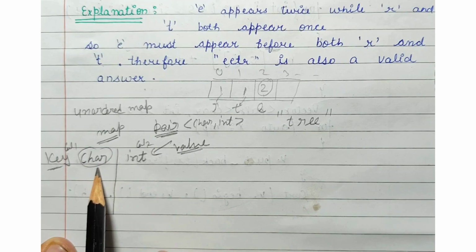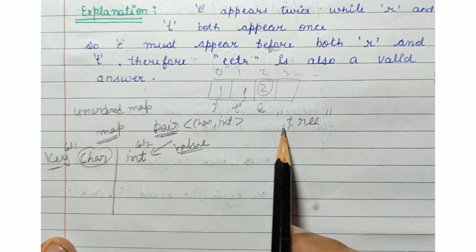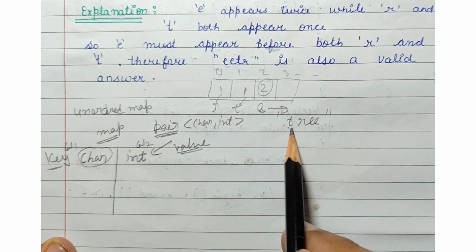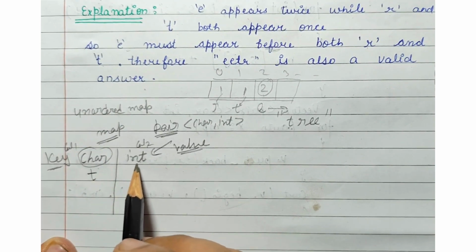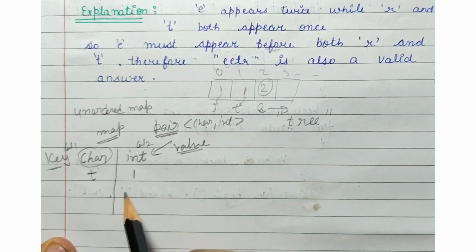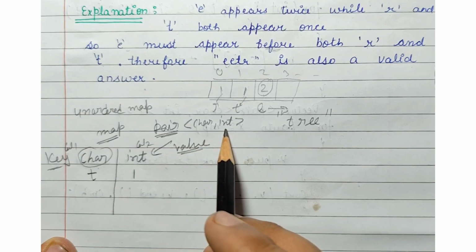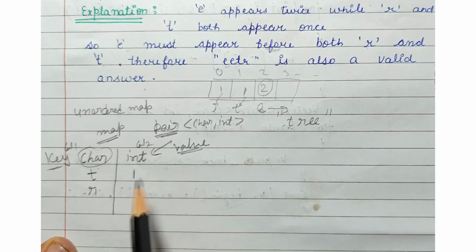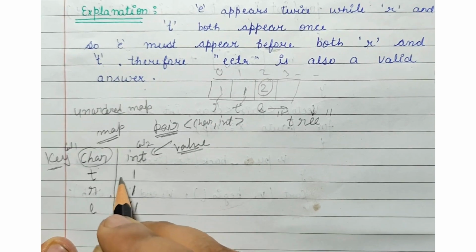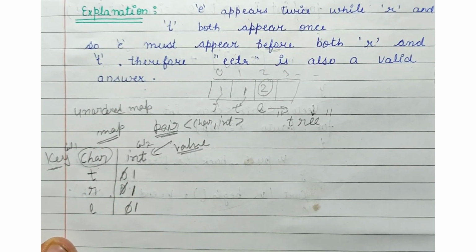Now the first character is T, so first T will come when we traverse this string "tree". We store this character T here and we update the frequency of T to 1. At the starting time, by default the unordered map initializes all values with 0. After this R will come, we update the frequency of R to 1. After this E will come, so the frequency of E is updated from 0 to 1.